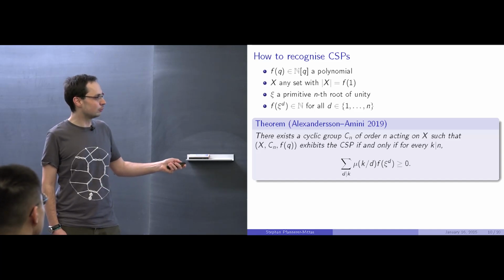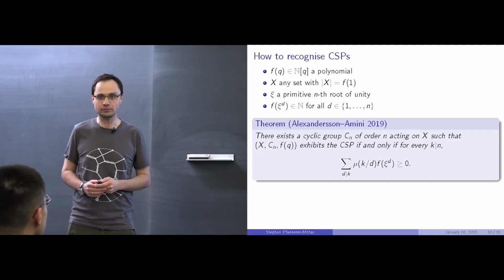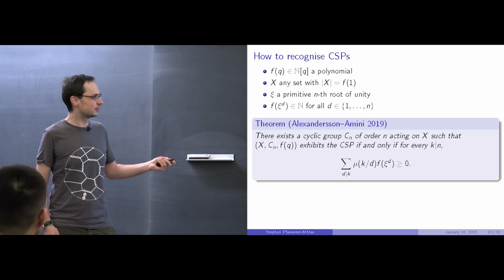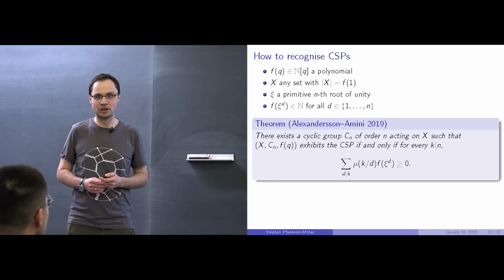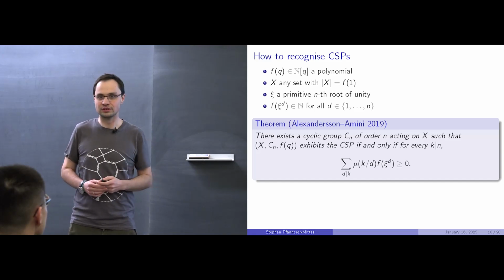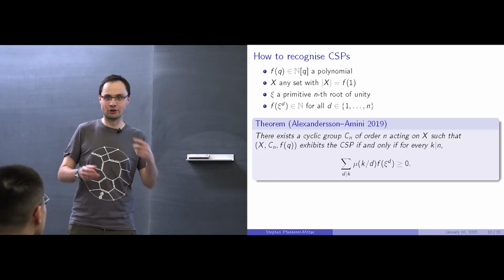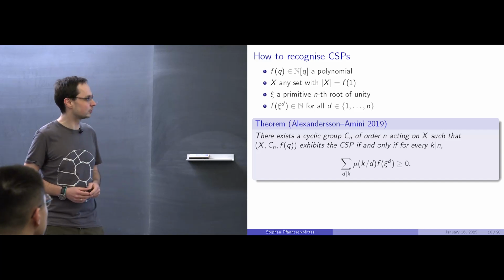Here is our f evaluated at the powers of the primitive root of unity, and this here is the number theoretic Möbius function. If you have not seen this, this basically takes the values 1, 0, and minus 1, and it tells you if a prime factor in the factorization of this integer appears more than once. Then you're 0, and otherwise you're 1 or minus 1, depending on the parity of how many prime factors you have.